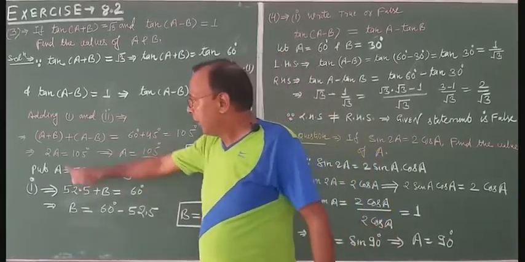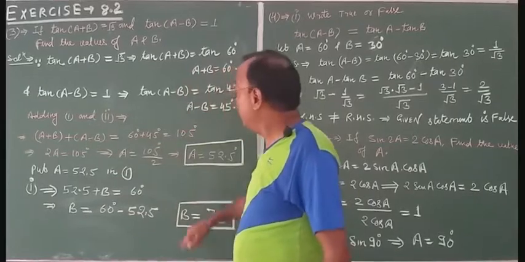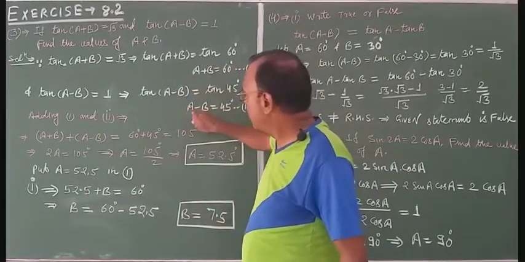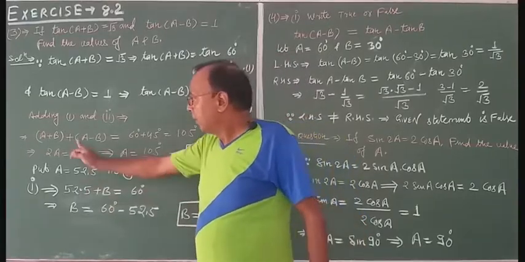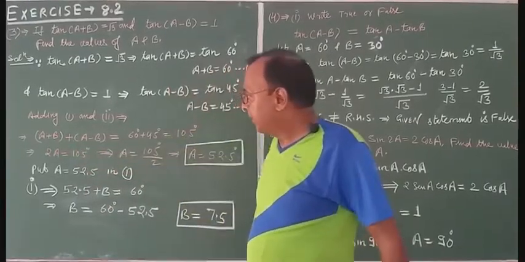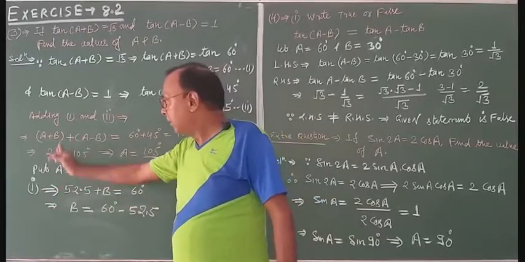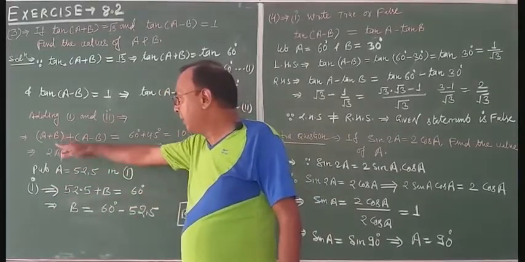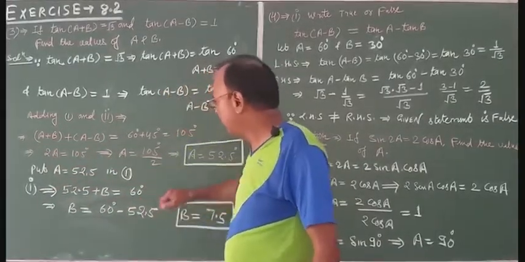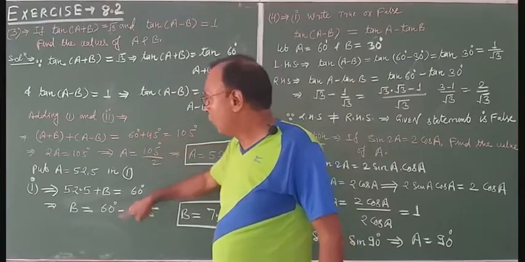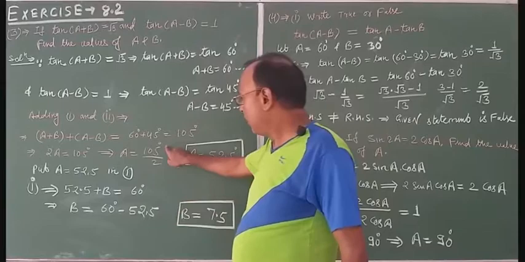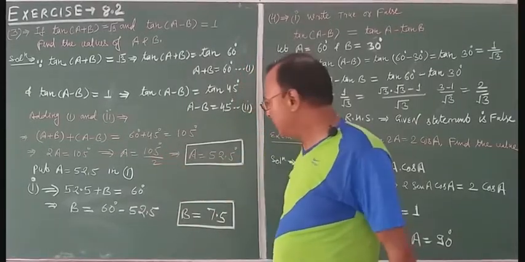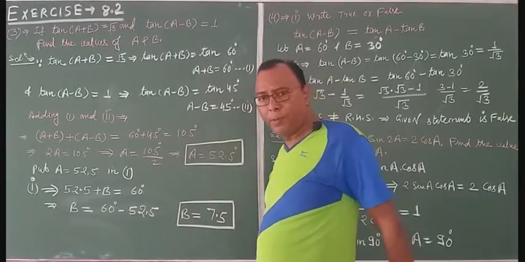When we open the bracket, B and B will cancel and A plus A is 2A, and 2A will become 60 plus 45, that is 105. It means the value of A is 105 upon 2, that is 52.5.